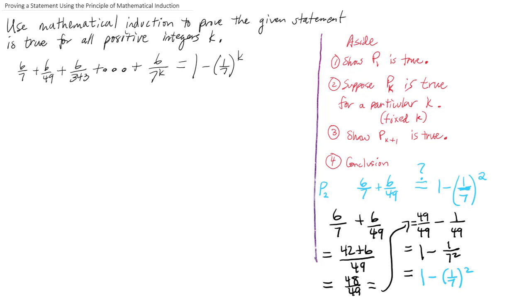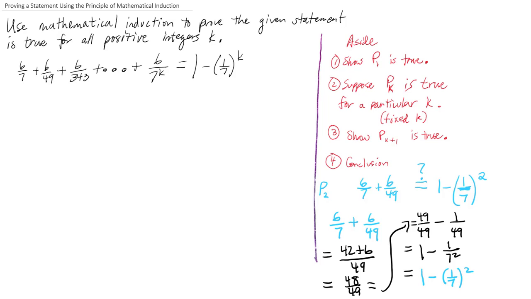So looking back at this, we started with 6/7 plus 6/49.